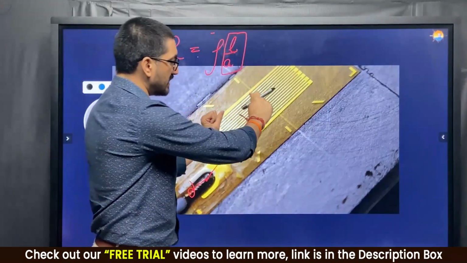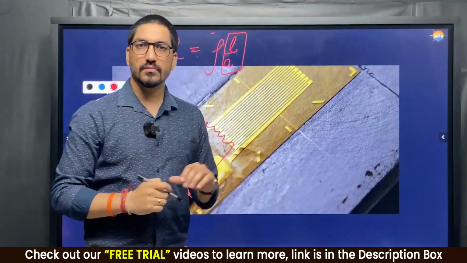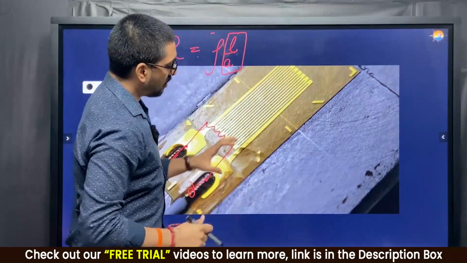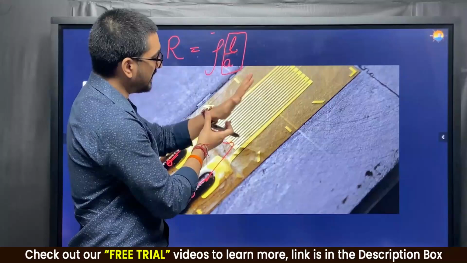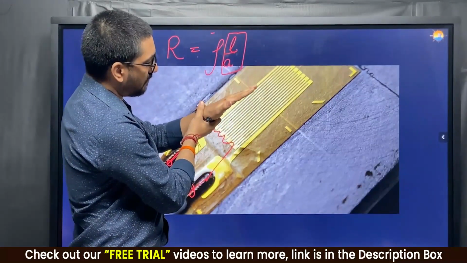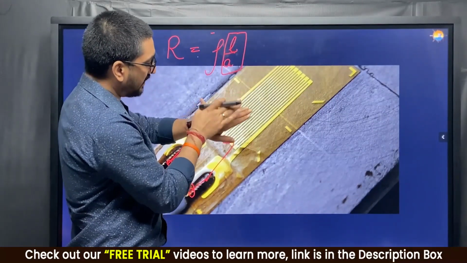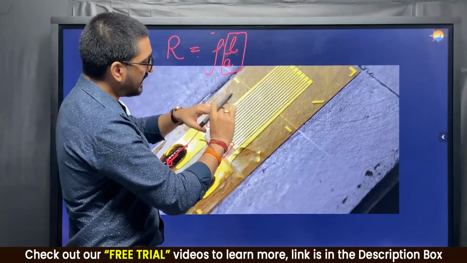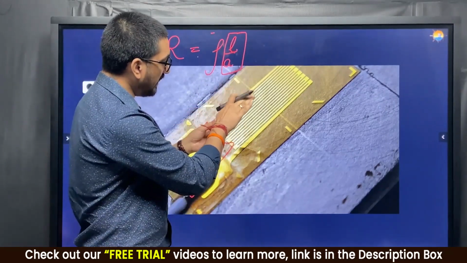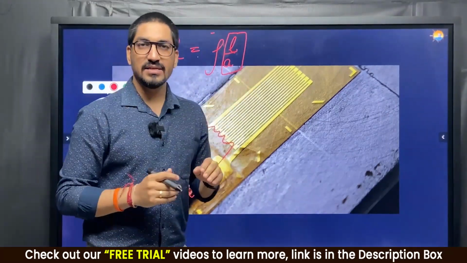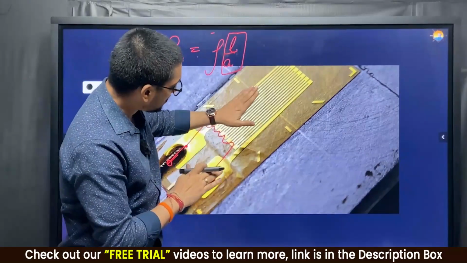If I'm bending this or deforming this, let's say this is my strain gauge, you will see that its length slightly increases. If I'm bending this, of course the length will slightly increase. It will kind of stretch out.